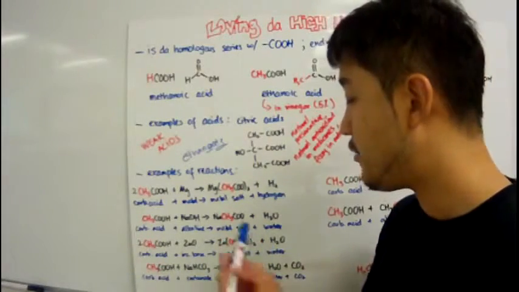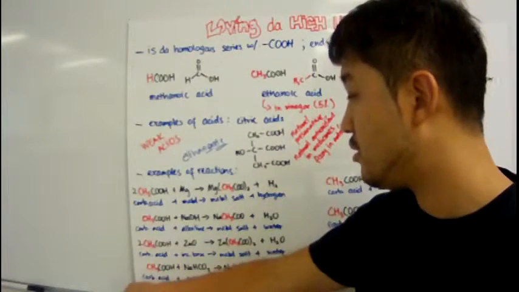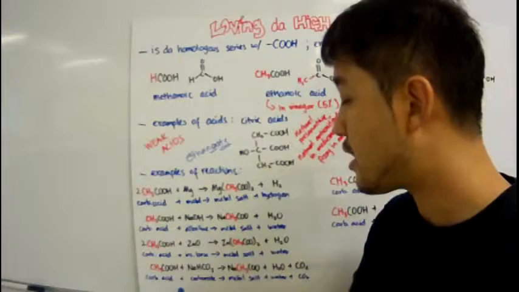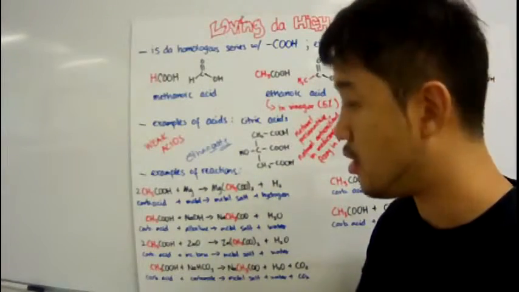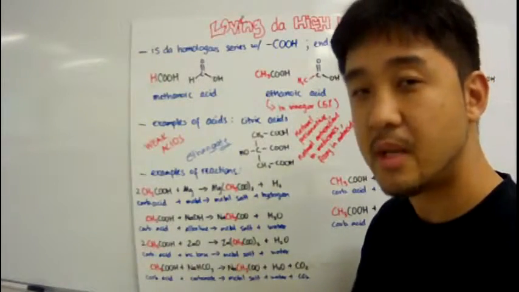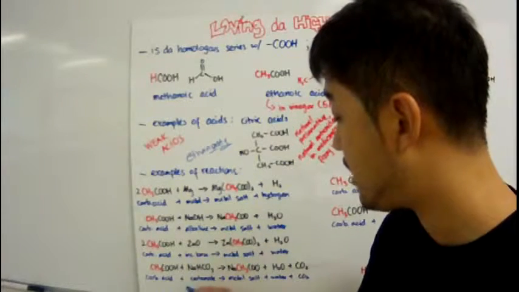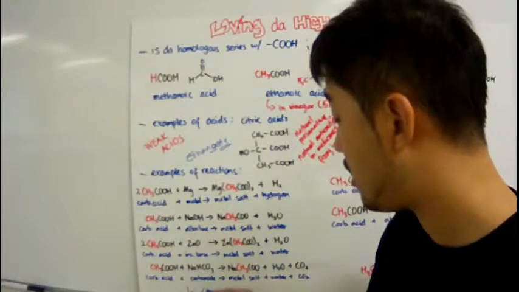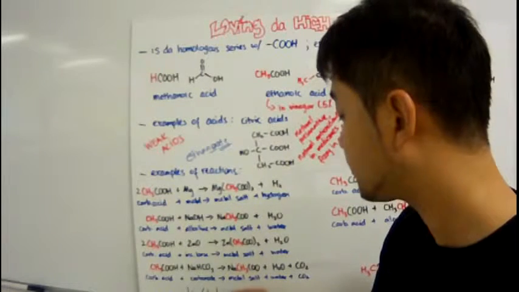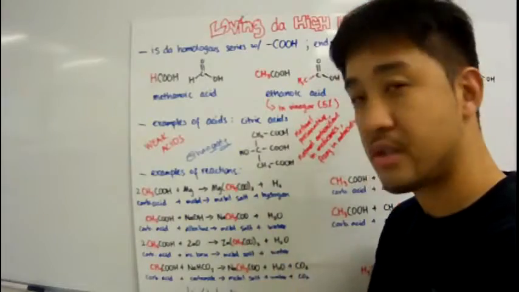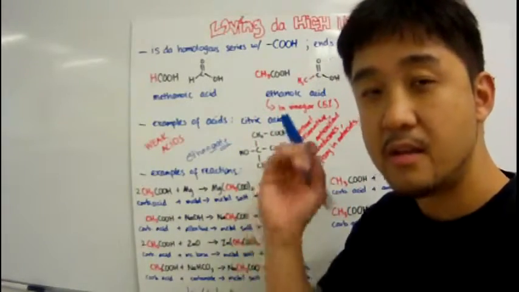And finally, the last example in this metal reactive series is carboxylic acid with a metal carbonate or a metal hydrogen carbonate or bicarbonate. Okay, so I'm going to spell it out here: bicarbonate or hydrogen carbonate. And what you get out of it is a metal salt, water, and CO2.